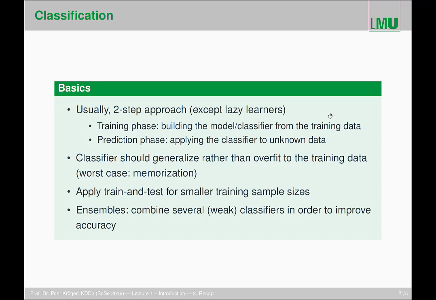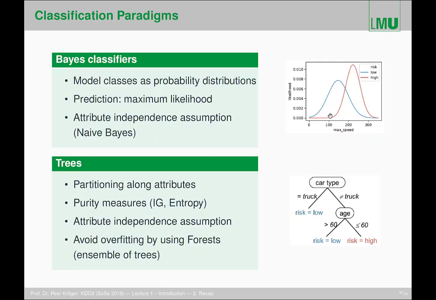Then it could be a good idea to combine several classifiers in a kind of ensemble. For example, random forests and boosting and stuff like that are ensemble techniques, and they are very often quite good, because they try to generalize again over several not so good classifiers in order to improve accuracy. So here are the basic classification paradigms.